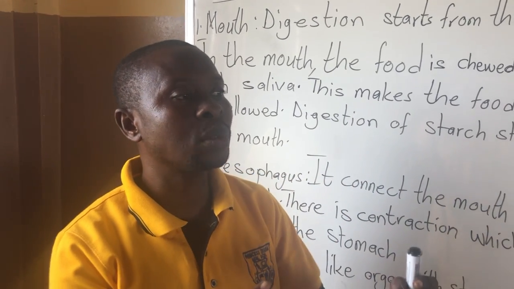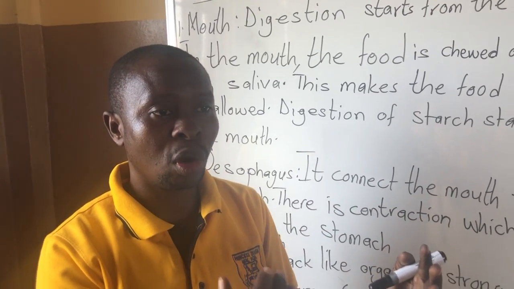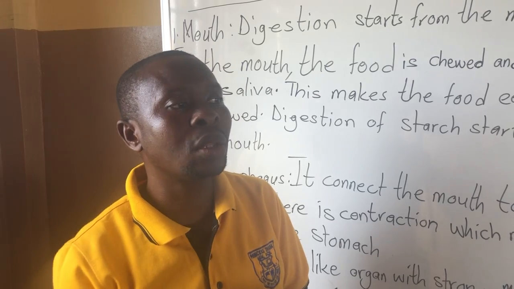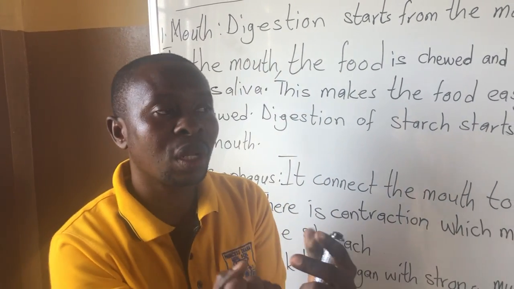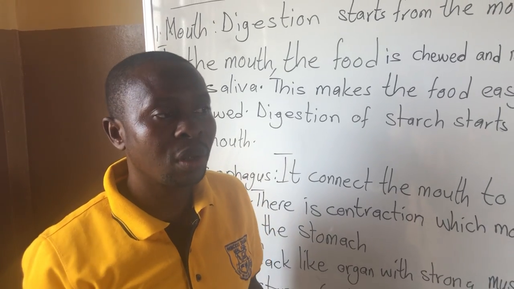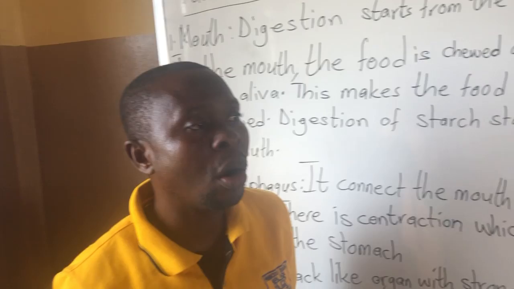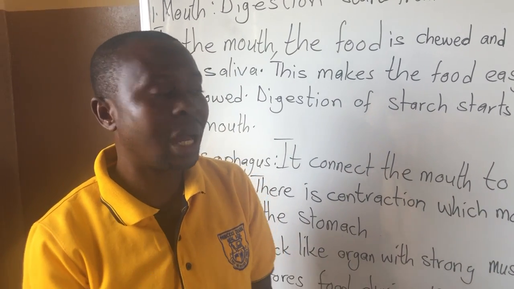That is why, at times when you don't often visit the toilet, you see that your feces become very hard, because the water that would make it soft has been absorbed from it, okay?